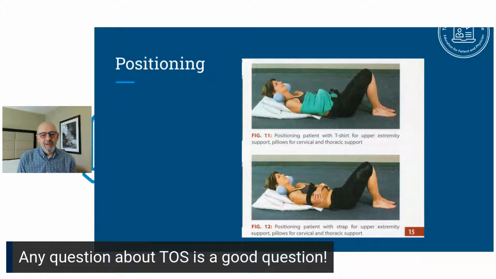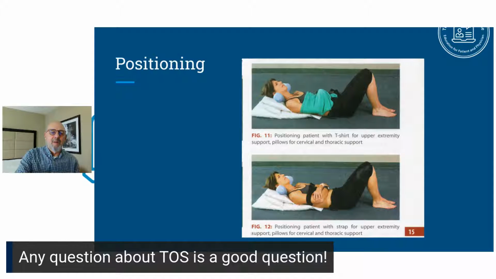So here's a picture of the positioning for the first breathing exercise. If you look at the bottom picture, there's a cervical pillow, and a couple more pillows to create a little bit of a ramp. And then there's a belt, a stabilization belt that we use in the clinic.